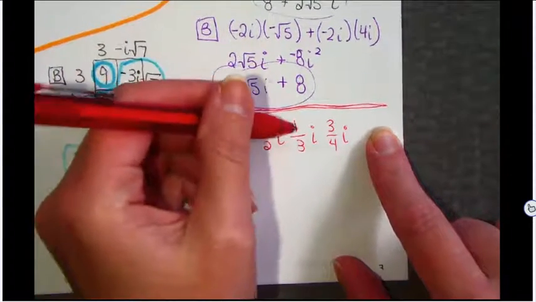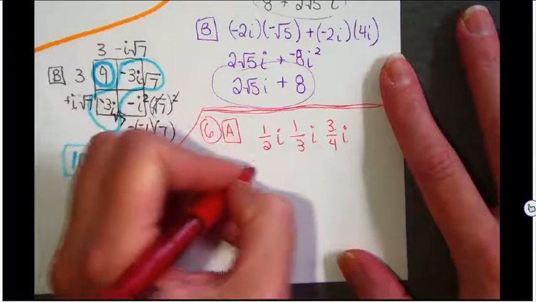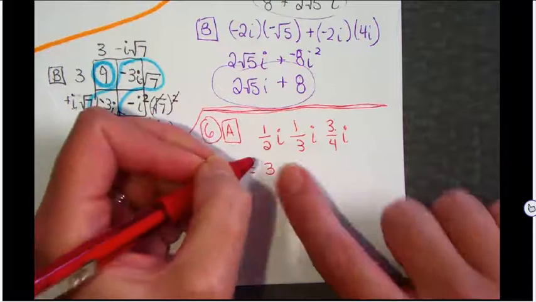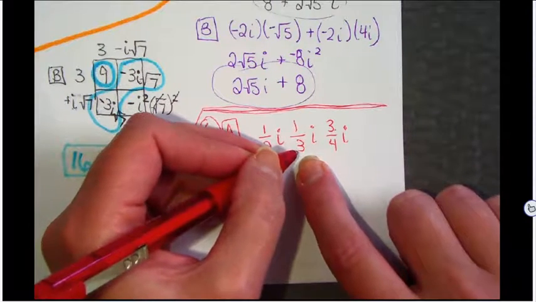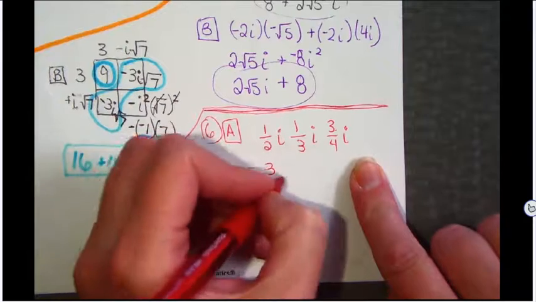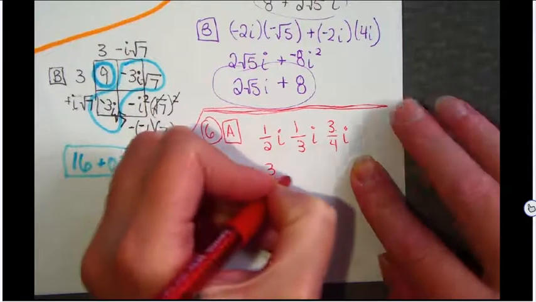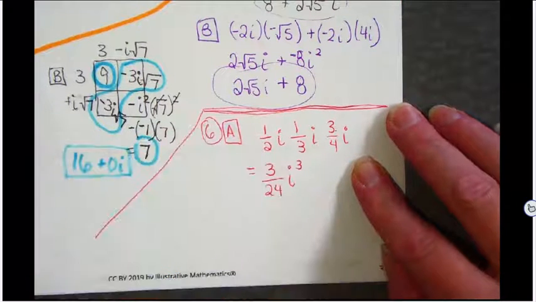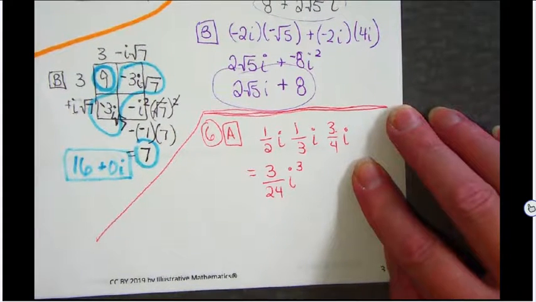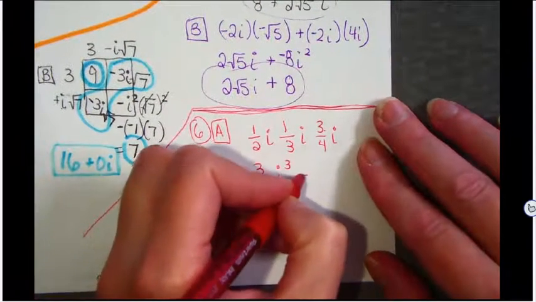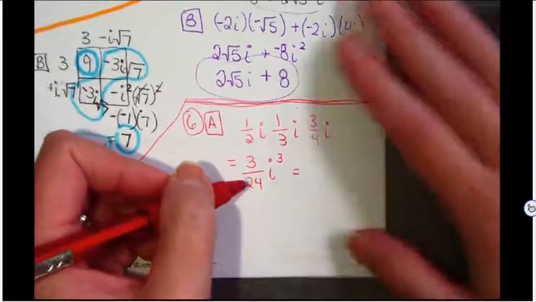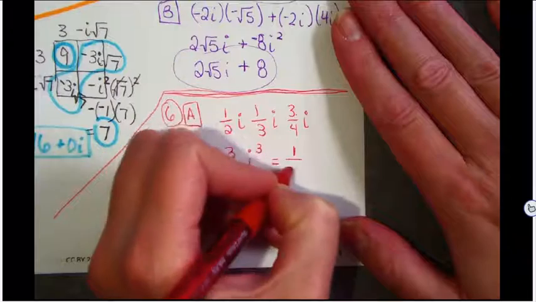Right? 1 times 1 times 3 equals 3. 2 times 3 times 4, well, 2 times 3 is 6. 6 times 4 is 24. And then we have 3 i's multiplying each other together, so we'd have i to the third. And we can simplify some of that. 3 does go into 24 evenly, so we can reduce that to a fraction of 1/8.